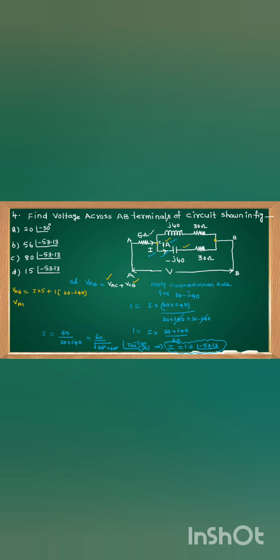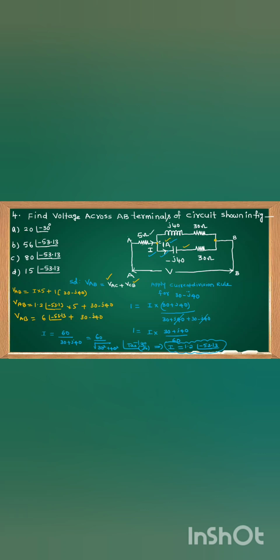Then VAB equal to, what is I calculated? 1.2 at angle of minus 53.13 into 5 plus 30 minus J40. Then VAB equal to 6 at angle of minus 53.13 plus 30 minus J40.